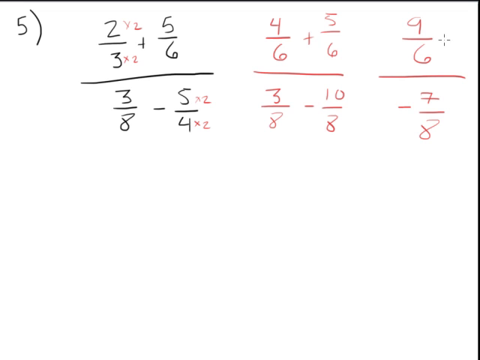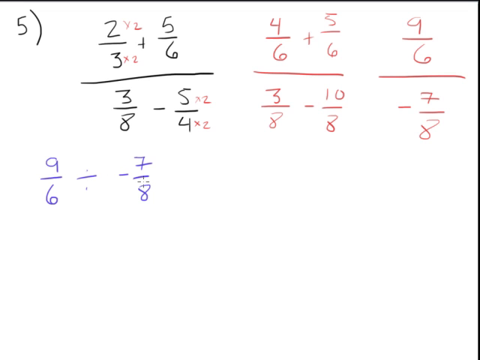Okay, I'm going to rewrite this right down here in another color pen. So right now I have 9 over 6, okay, divided by negative 7 over 8. As you can see, when I write it this way, this is what we usually see in class, and we know that to divide this, I have to flip this fraction.